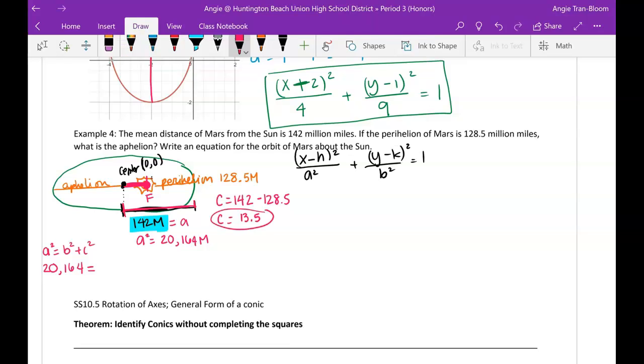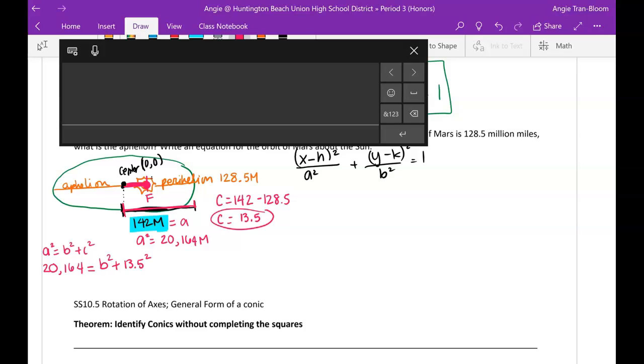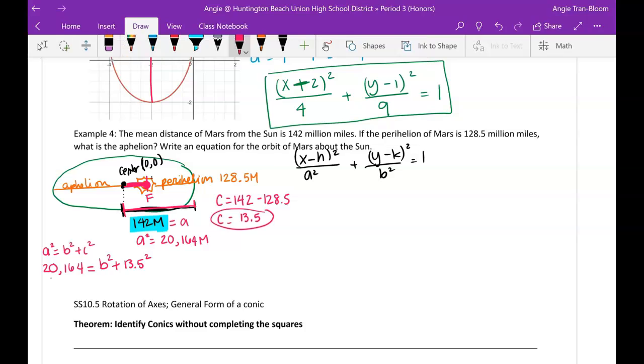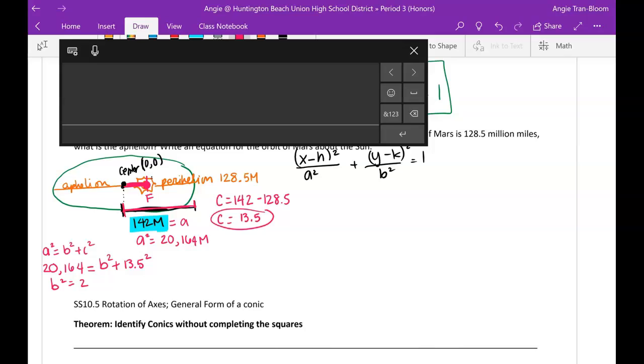Since I know c, I will plug it back in here: b squared, unknown, plus 13.5 squared. So now I find b squared equals 20,164 million minus 13.5 squared. 13.5 squared is 182.25 million.